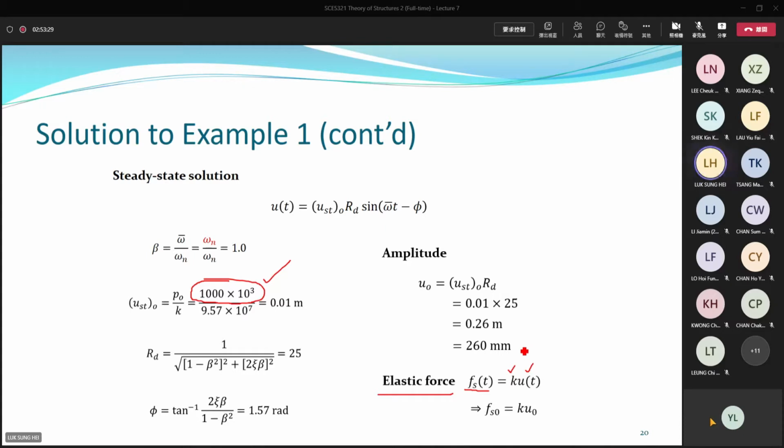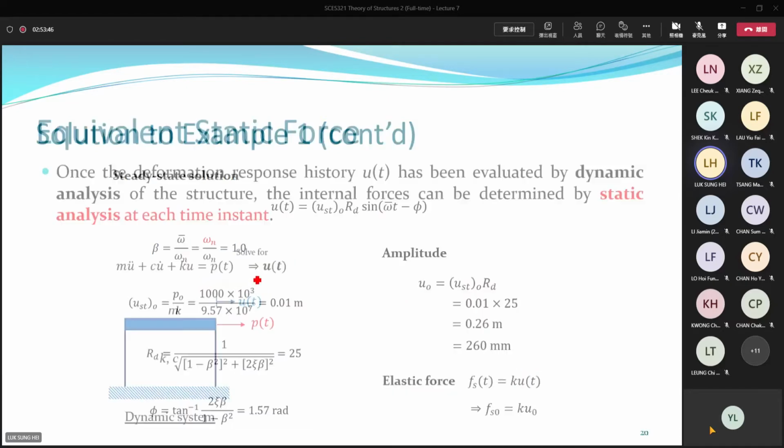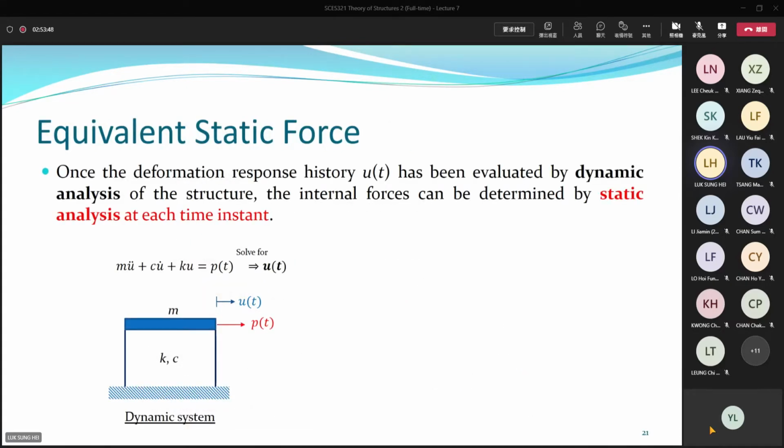Now you know displacement, obtained under sinusoidal force at steady state. Displacement times stiffness gives you the elastic force. This is one trick we normally do for a dynamic system.